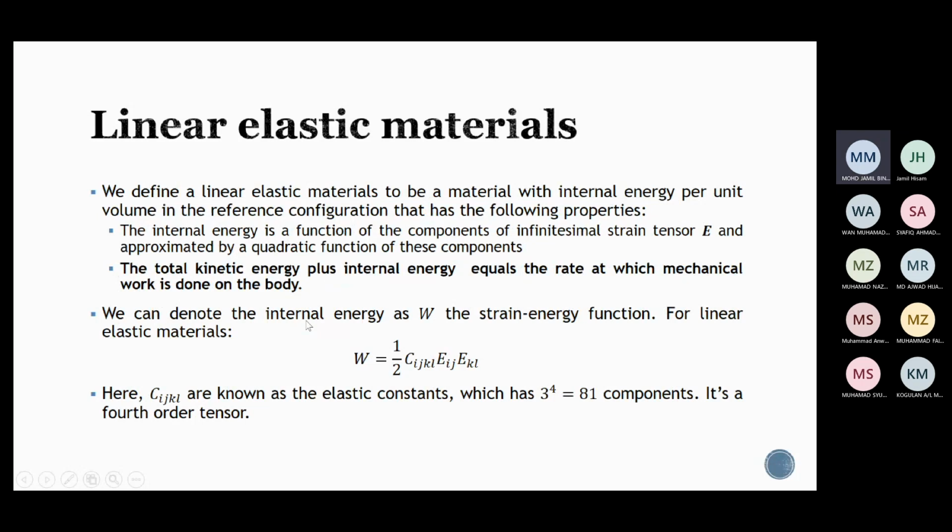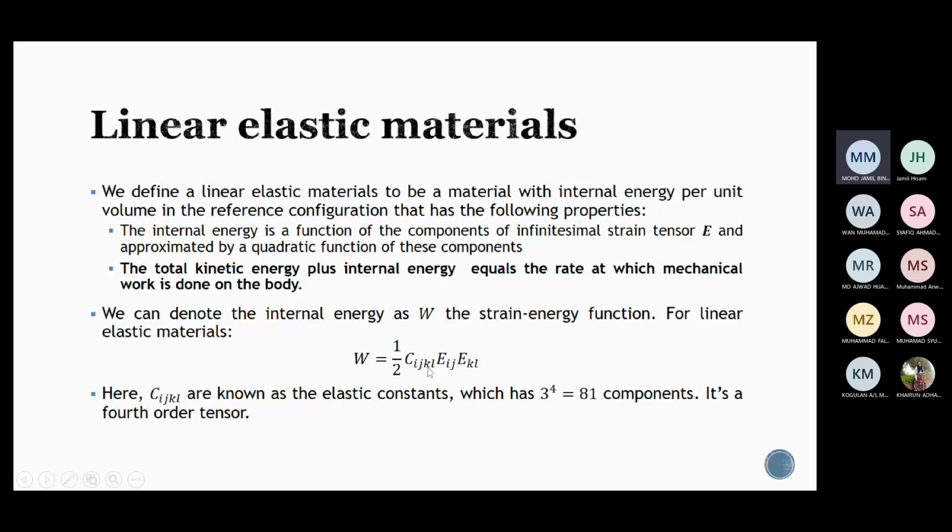So we can define using W, the strain energy function. The strain energy function for a linear elastic material is 1/2 times C times infinitesimal strain E times infinitesimal strain E. This C here is known as the elastic constant.